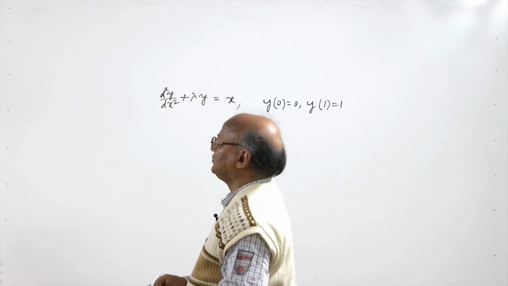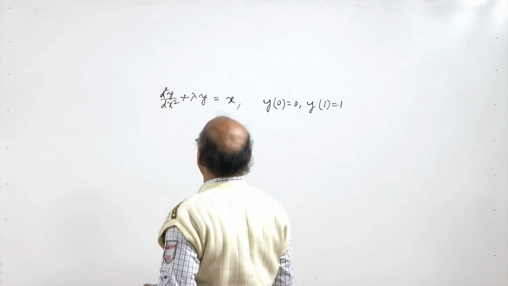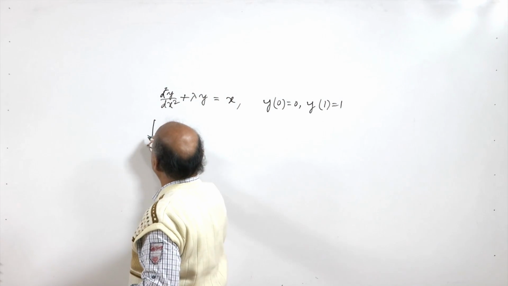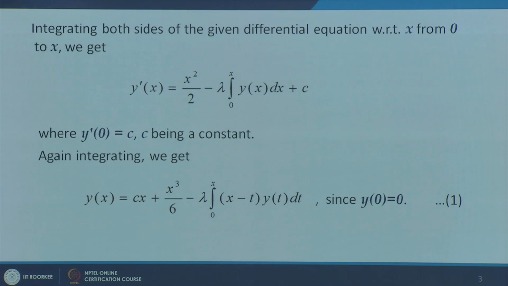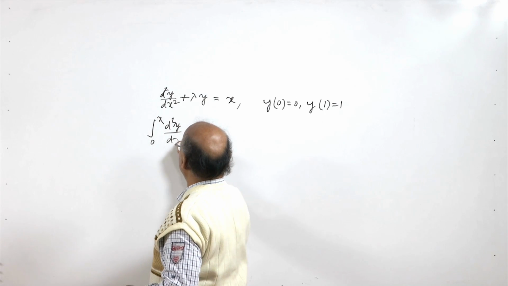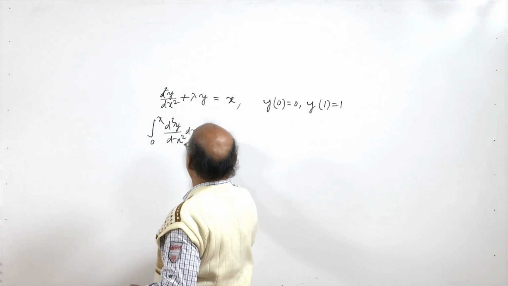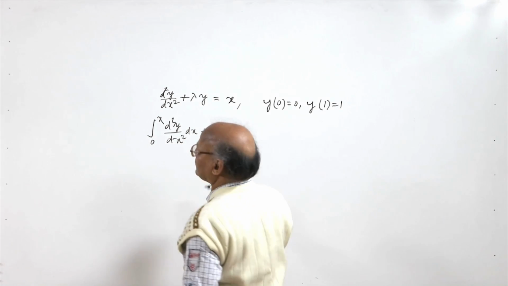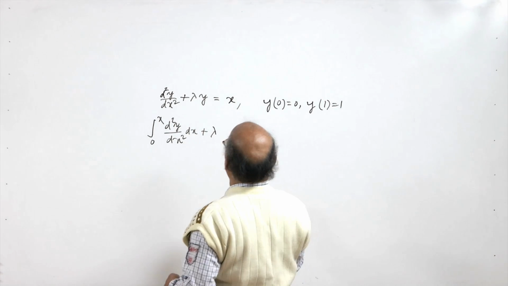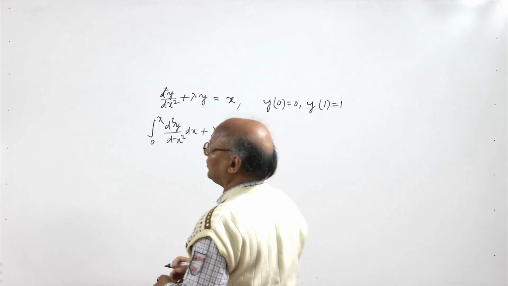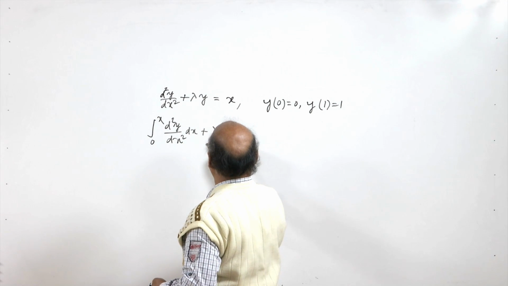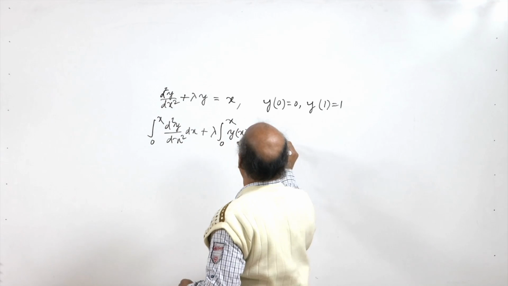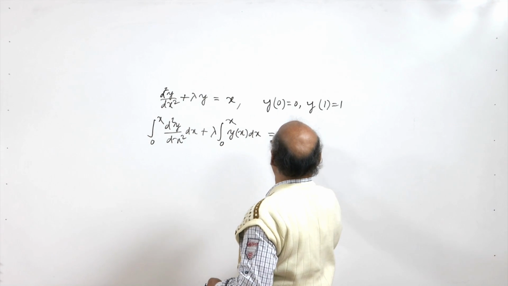Now let us integrate both sides with respect to x from 0 to x. So then what do we have? Integral 0 to x of d squared y over dx squared, lambda is a constant, so lambda into integral 0 to x y(x) dx, y is a function of x, equal to x squared by 2.